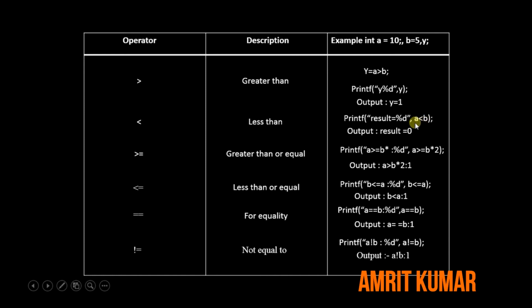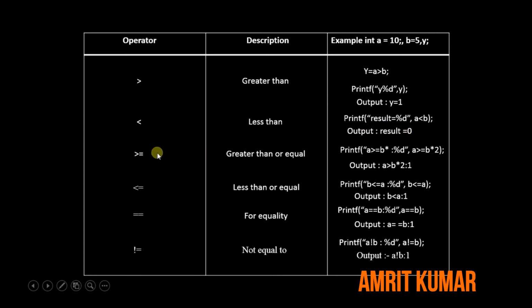Because 10 is not less than B. It is going to return the false value, because 10 is not going to be lesser than 5. Always 10 is greater than 5, therefore this statement is a false statement. Therefore the value it is going to return is 0. Therefore the result is 0 here.